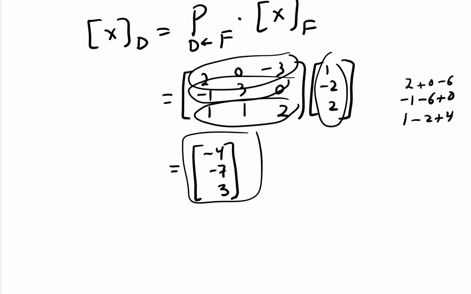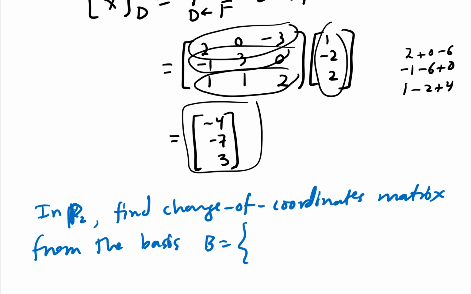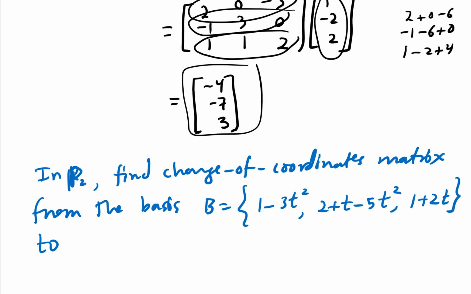Another example. In P2, second degree polynomials, find the change of coordinates matrix from the basis B: 1 minus 3t squared, 2 plus t minus 5t squared, 1 plus 2t, to the standard basis.